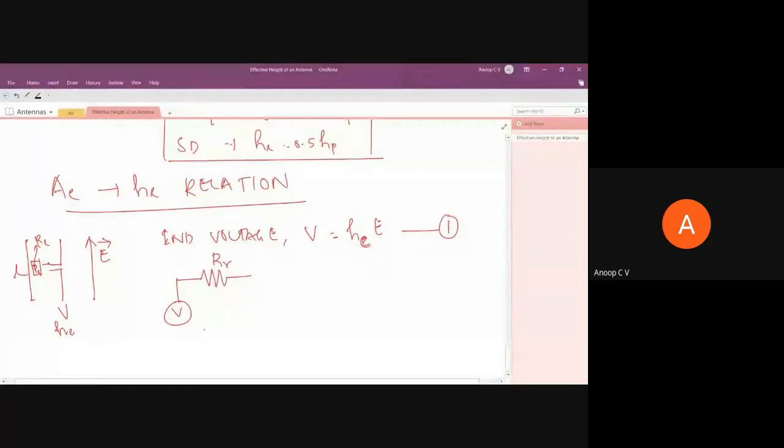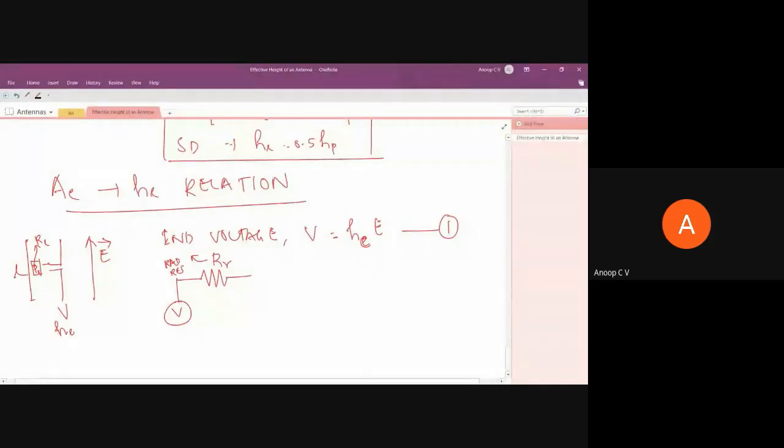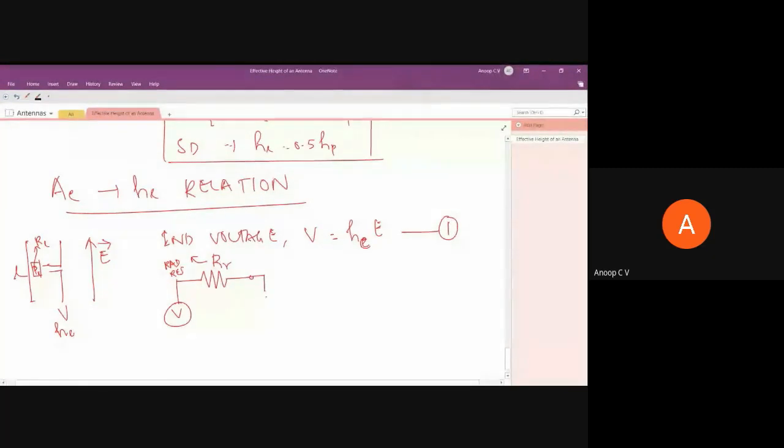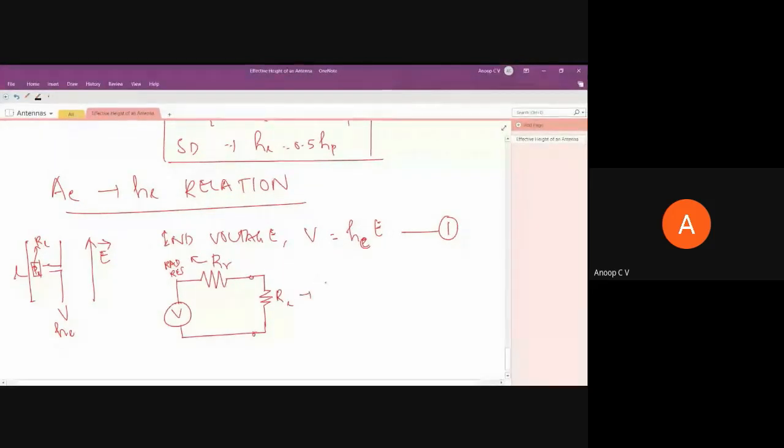This is the radiation resistance of the antenna, and it is connected to some load with load resistor RL. This is the load resistance. This load can be anything. I'm assuming the load is purely resistive.